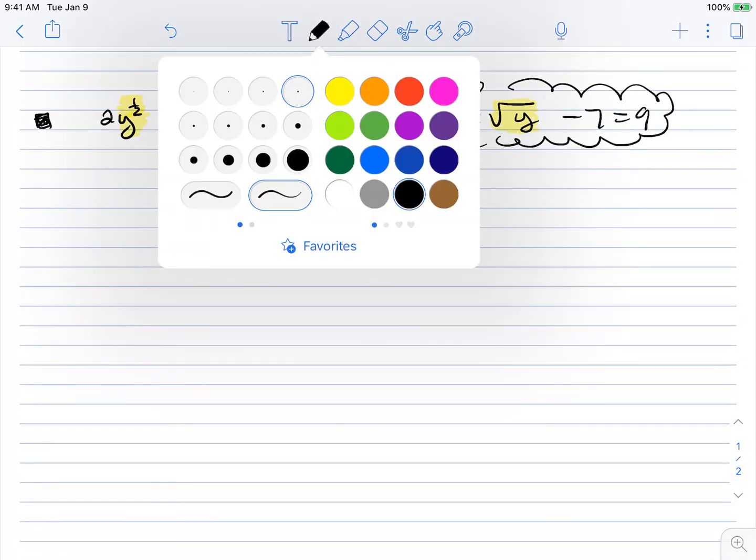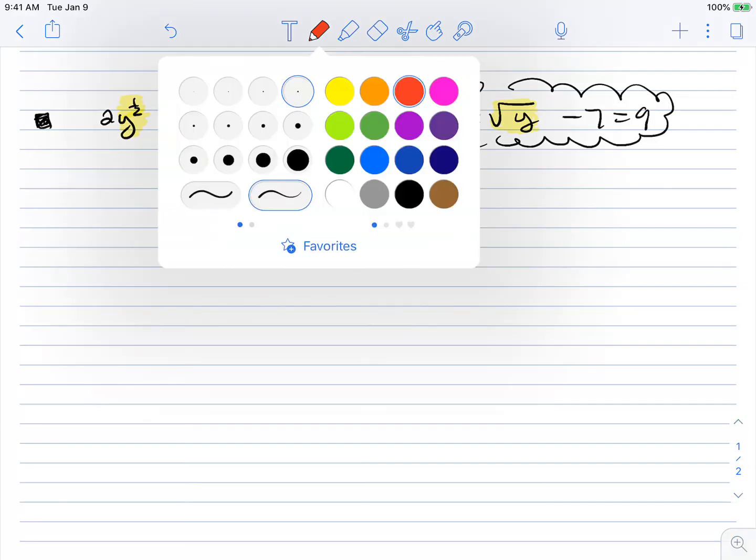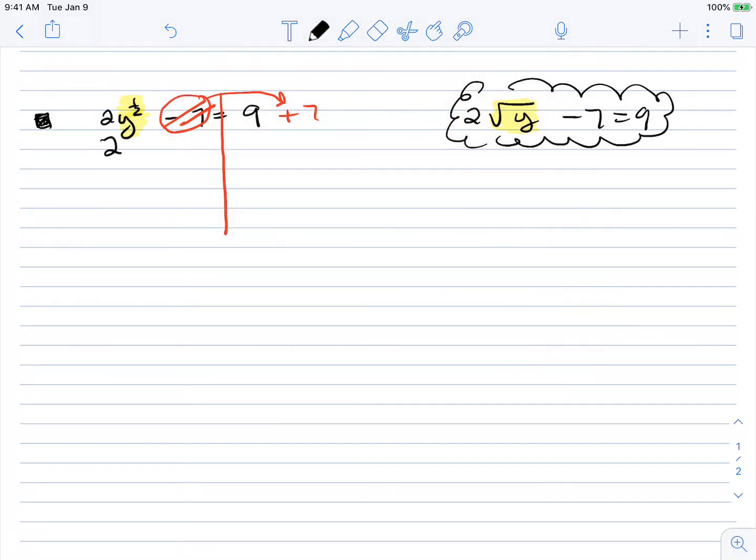What I'm going to do right now is isolate the part I've highlighted. So I'm going to circle and move this guy to the other side, which is the same as adding 7 to both sides. When I do that, I end up with 2y to the 1/2 equals 16.